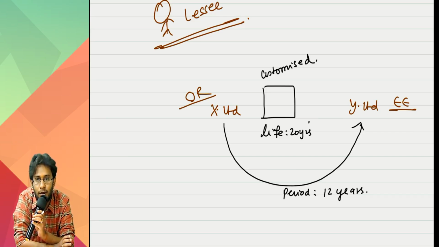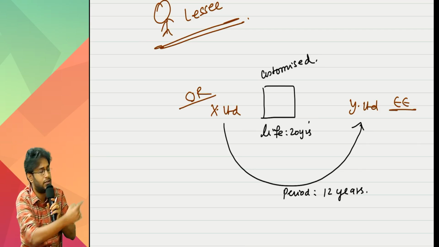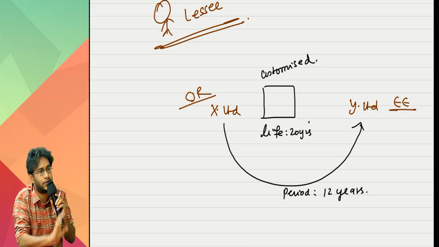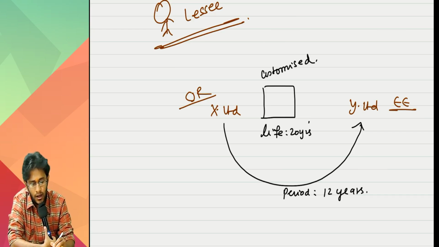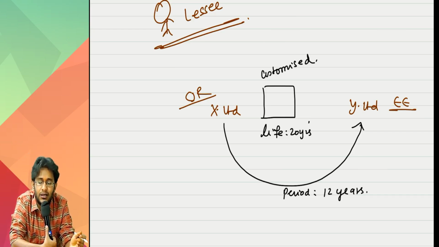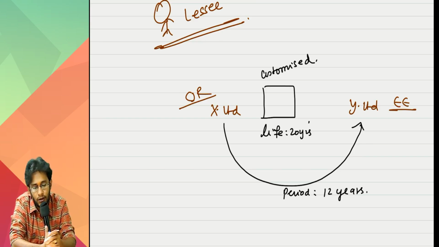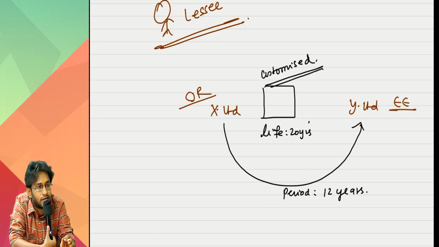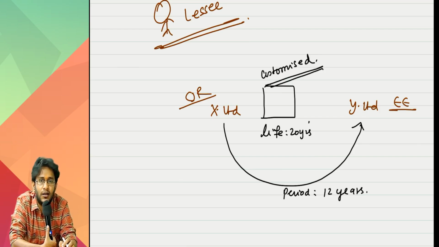The present value of lease payments, I do not know. But what I know is this is a customized asset. Now you tell me, sir, after 12 years, when the asset comes back to X Limited, what will X Limited do with this asset? Because this is a highly customized asset, there is every chance that the asset will become useless for X Limited, isn't it?